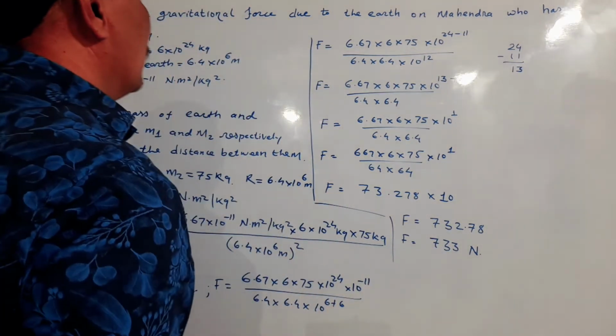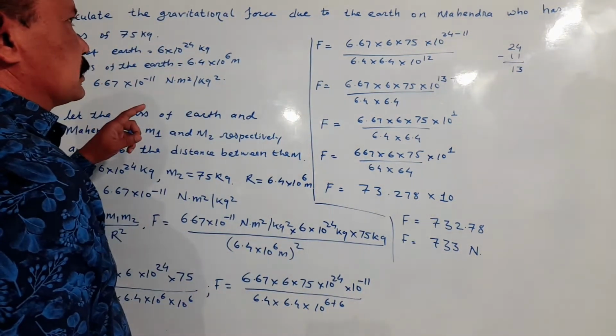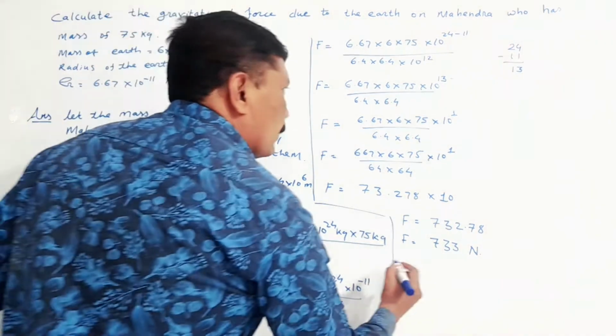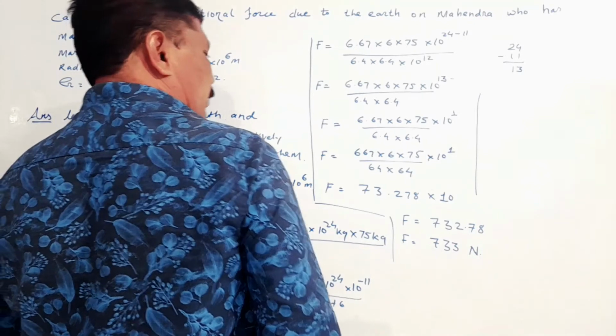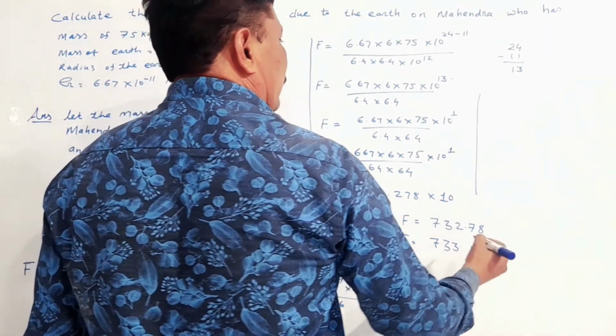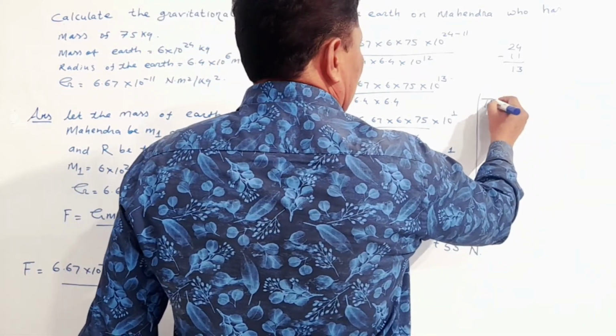So my dear student, the gravitational force acting on Mahindra will be 733 Newton. We'll write in the words.